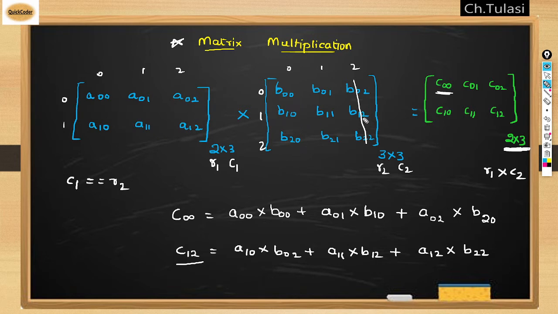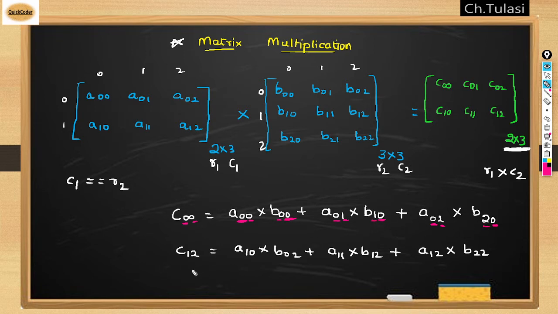Now here we can simply derive a pattern. What is that pattern? Here the first index 0 is common, and this 0 indicates this 0 of B. From here onwards, 0 1 2 and again 0 1 2.